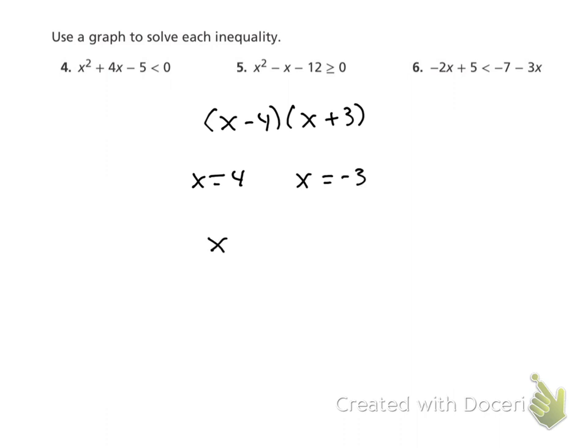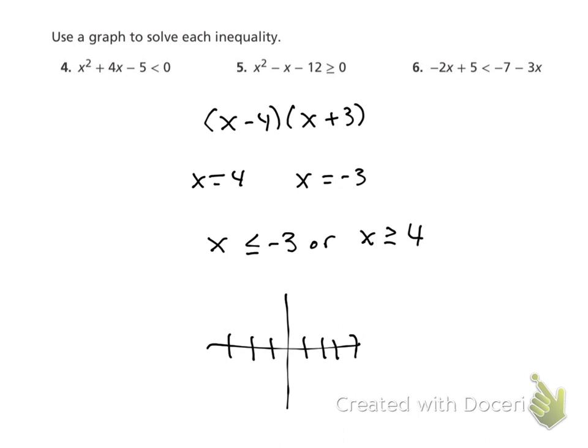So it should be x is less than or equal to negative 3, or x is greater than or equal to 4. If you graphed that, it would have looked like this. 1, 2, 3. 1, 2, 3, 4.